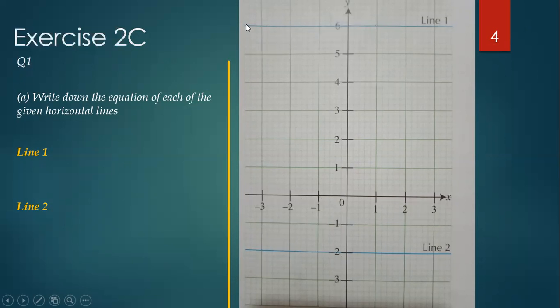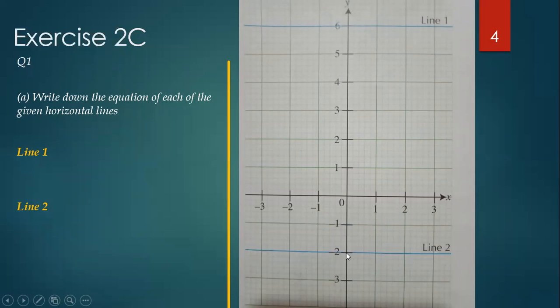If the line is horizontal, the equation will always begin with y. Y is equal to something. Now, what is that something? Something is that point on which this line is intersecting.